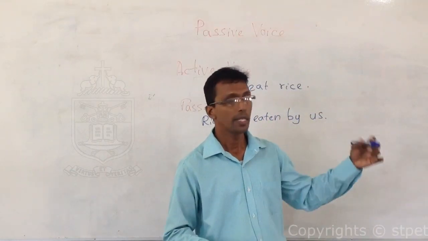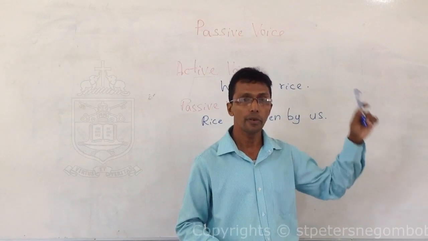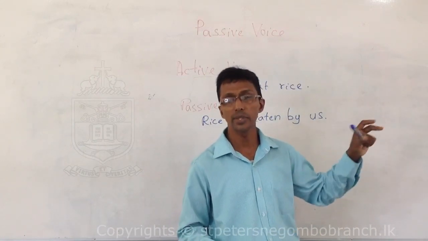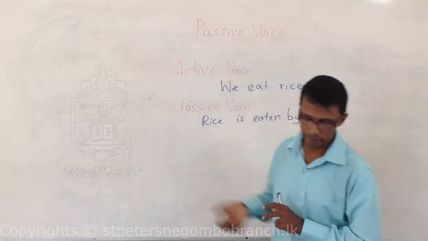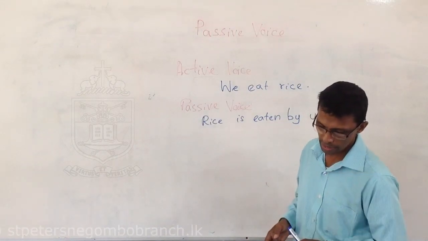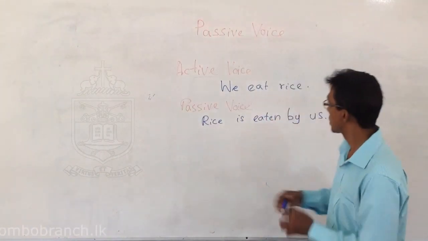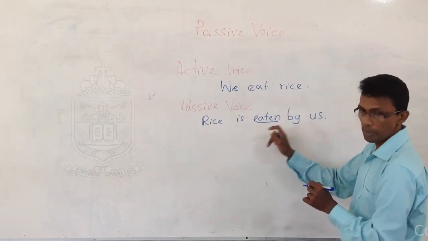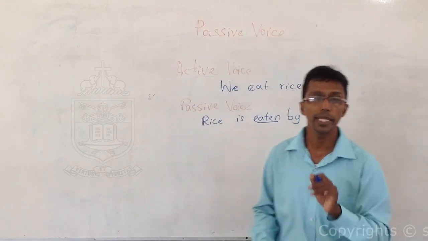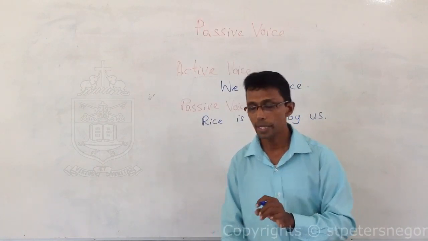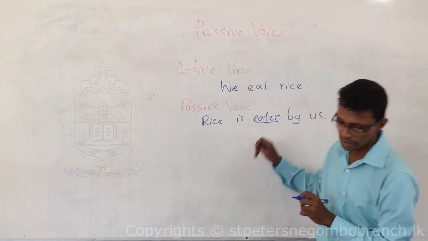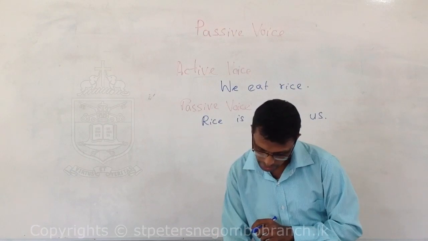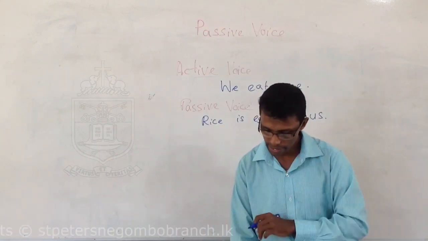That is why I did not draw a column for perfect continuous tenses in that table, right? That is one thing. And the main verb is, this is the main verb here in this passive voice sentence. The main verb always should be in past participle in a passive voice, right?